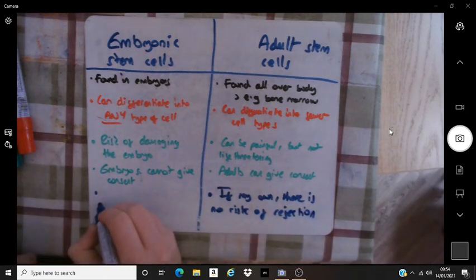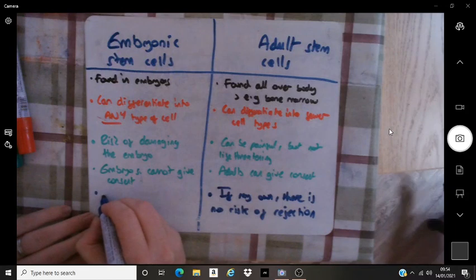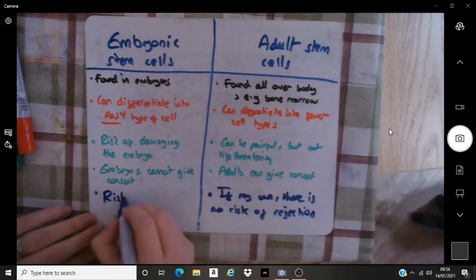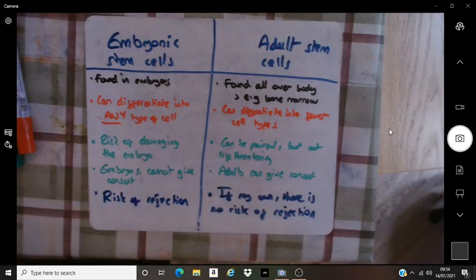But of course there is no possible way, at least naturally, for me to use my own embryonic stem cells. And therefore, if I use someone else's embryo, there is a risk of rejection due to different tissue types.